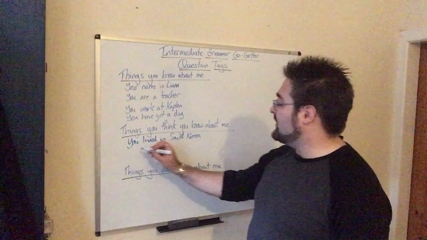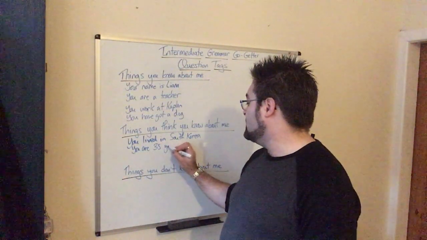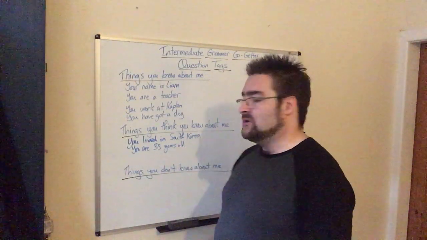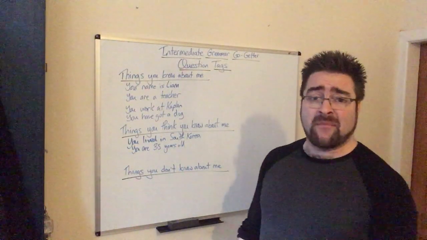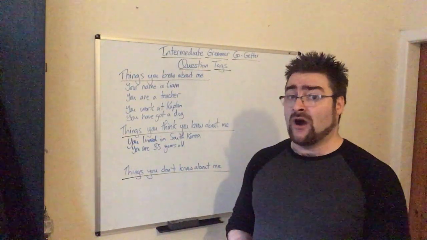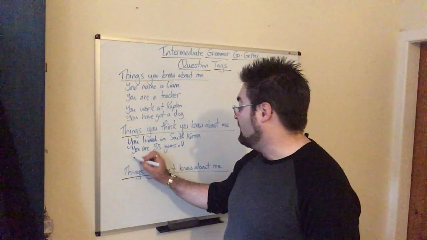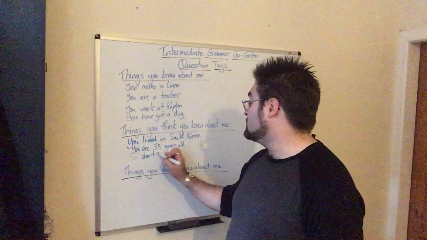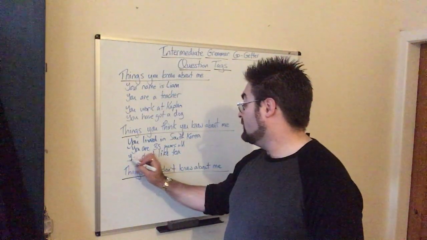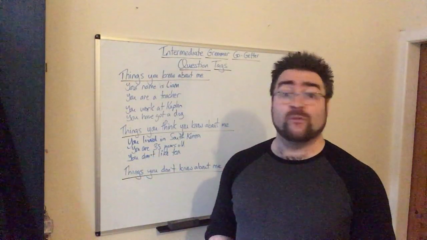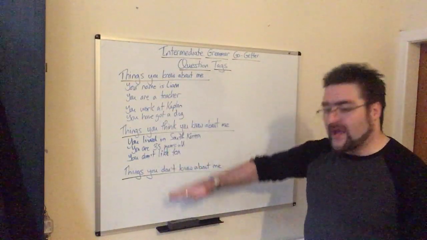Okay, maybe they say you are 35 years old, which is not true. That's actually me being nice. Usually students say I'm about 40 and then I go away and cry. Okay, maybe it could be that you don't like tea, which is true. I know I'm English, we don't all love tea. I really don't like it. Okay, and you get a bigger list.